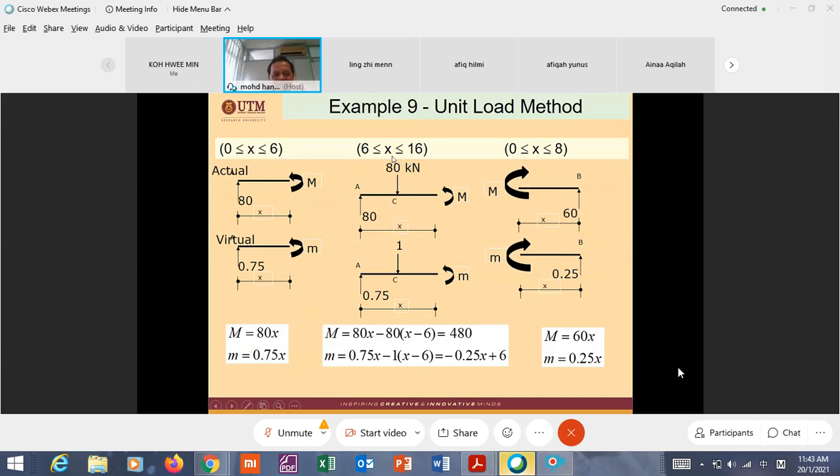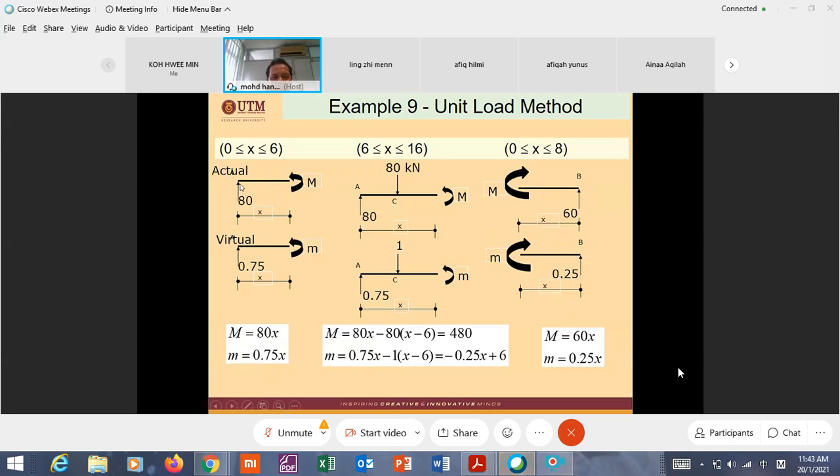But for the third segment, we derive the bending moment starting from the right. When you start from the left, you use the sign convention anti-clockwise positive. When you start from the right, you use clockwise positive.